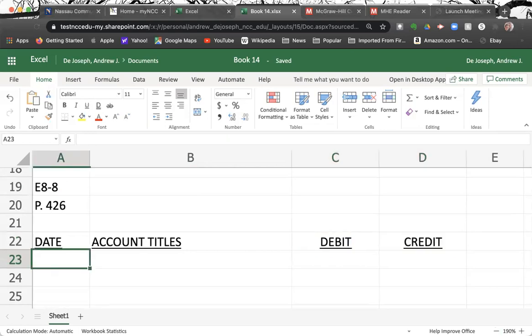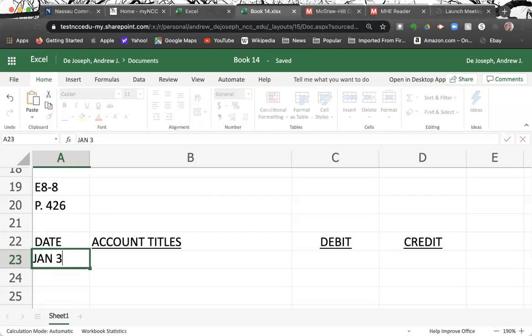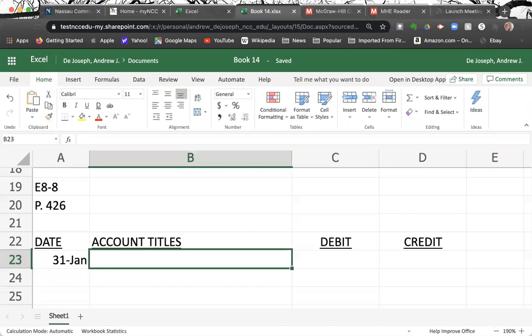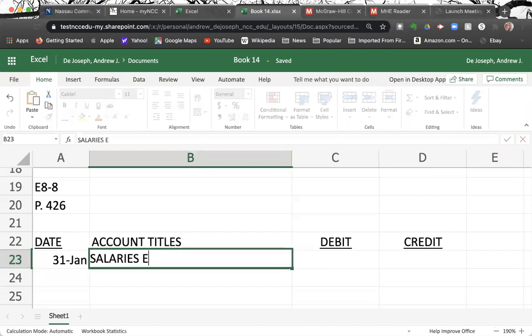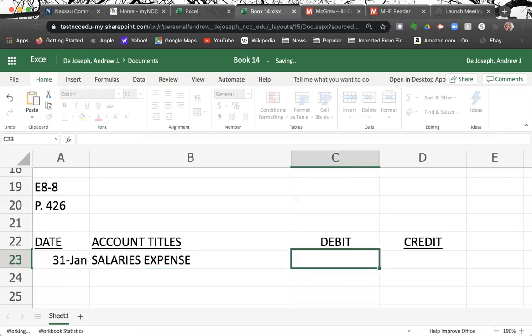Okay, so let's see. Here they're going to pay the salaries monthly, and January is the date, right? January 31st, and we're going to debit salaries expense. And salaries expense is the big amount, $3 million.